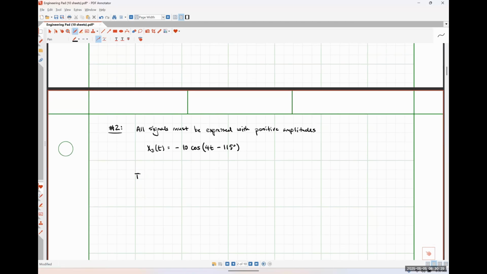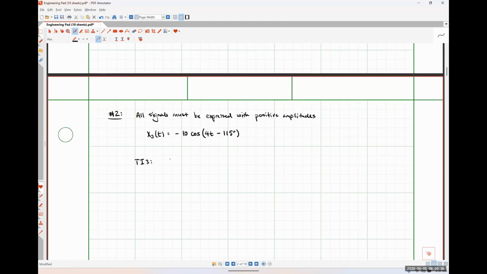So let's call this trig identity 3. To go from negative sine to positive sine, we are simply going to add or subtract, it literally doesn't matter which, 180 degrees.